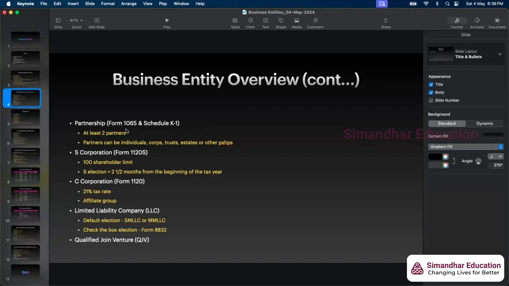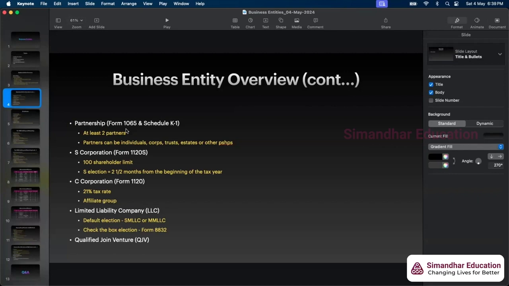Yes, yes. So previously, what used to happen, right? Before this qualified joint venture came into the picture, if a couple was doing business, then they would be treated as partners in a partnership, and required to file Form 1065. So that was one additional obligation for the couple doing business together.